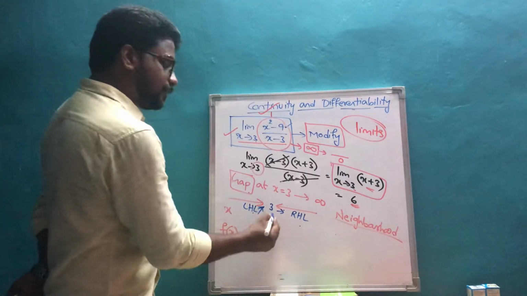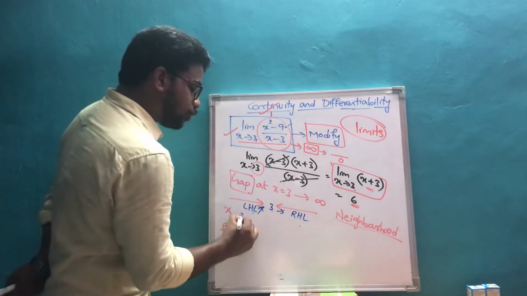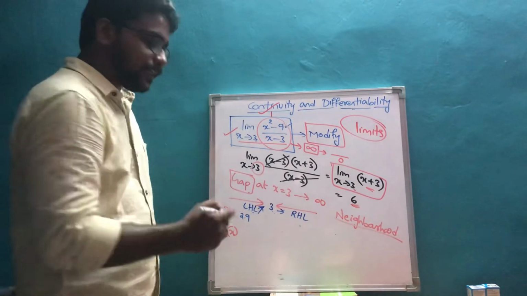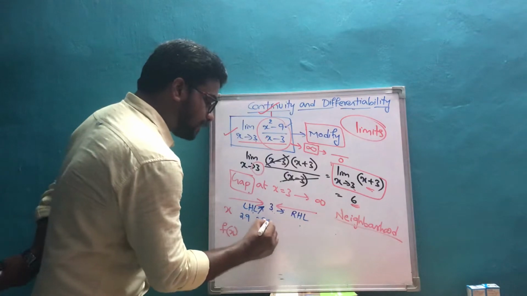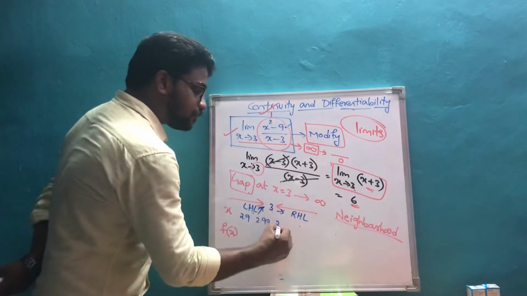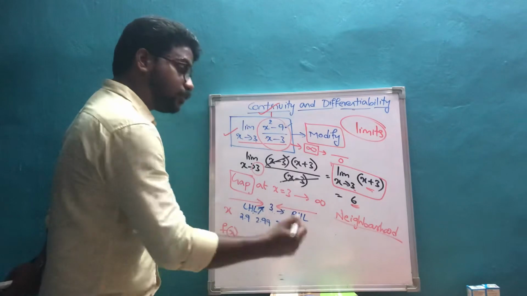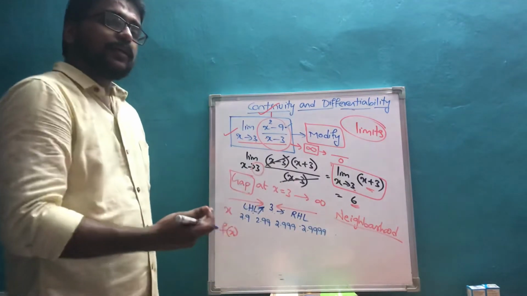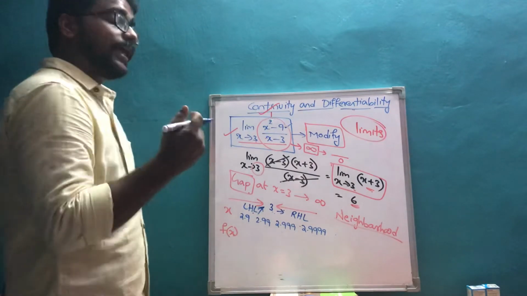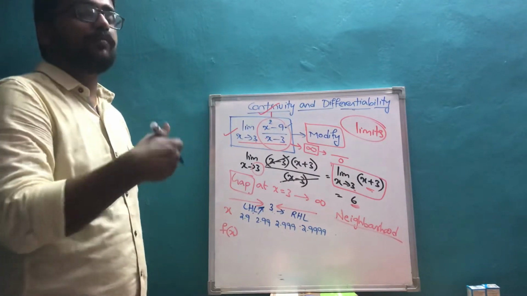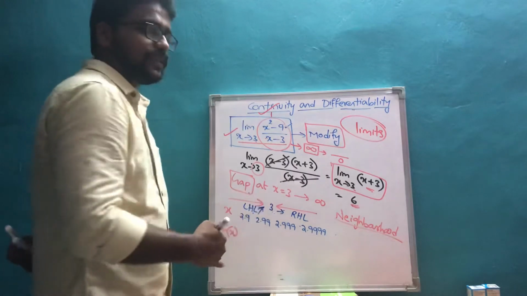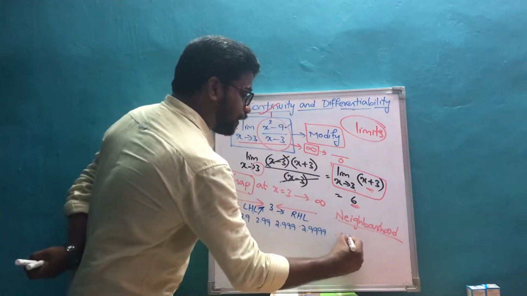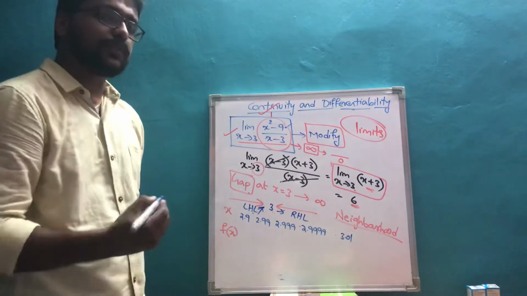So for 3, I can say 2.9 is nearest to 3. But any one of us can say that 2.99 is still closer to 3. Someone else may say 2.999 is still closer. What is happening here? We cannot say which is actually very much close to 3 from the left side. Similarly, think from the right side. From the right side, 3.01 is very near to 3.